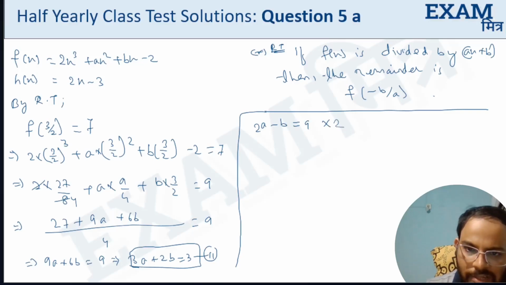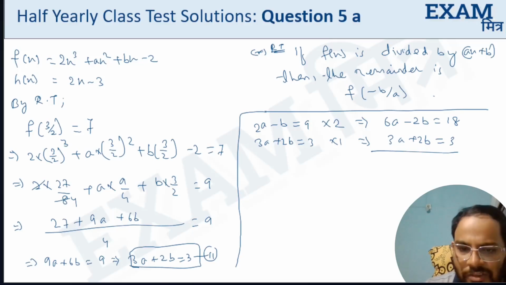Let's multiply this by 2. So this becomes 6a minus 2b equals to 18. And the second one is 3a plus 2b equals to 3. Let's multiply this by 1. So this becomes 3a plus 2b equals to 3.